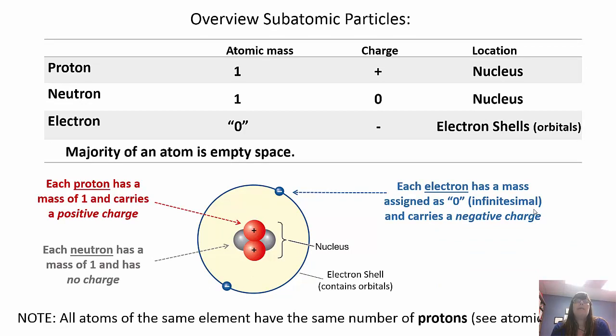So here's an overview again. Protons, positive charge in the nucleus. Neutrons, no charge in the nucleus. Electrons, negative charge in the electron shells. Now, if you look at the first number in that chart, atomic mass, that's the mass of a proton, a neutron, and an electron. So the proton mass is about 1 atomic mass unit.